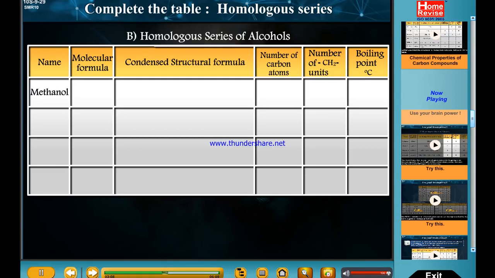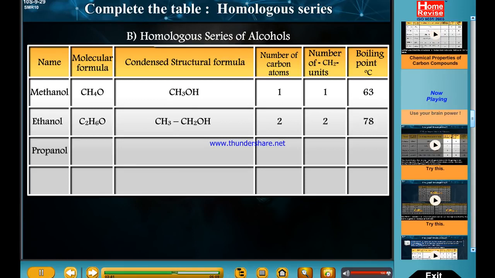Methanol, molecular formula CH4O, condensed structural formula CH3OH, number of carbon atoms 1, number of CH2 units 1, boiling point 63 degrees Celsius. Ethanol, C2H6O, CH3CH2OH, number of carbon atoms 2, number of CH2 units 2, 78 degrees Celsius.